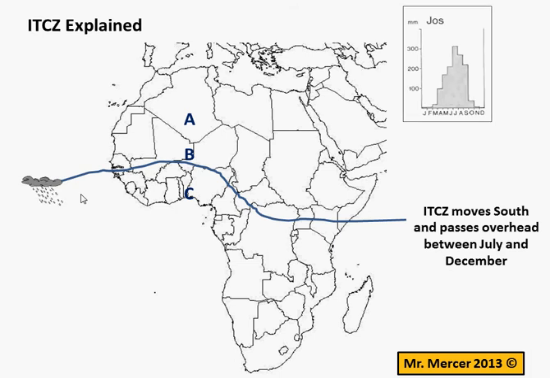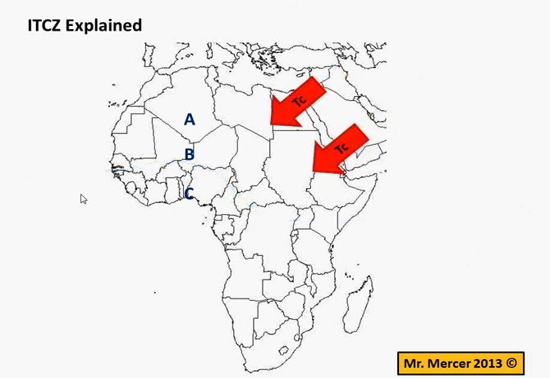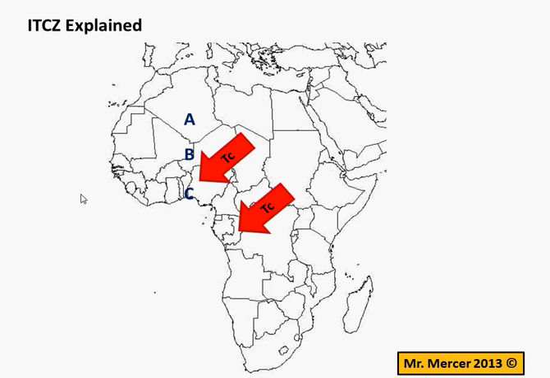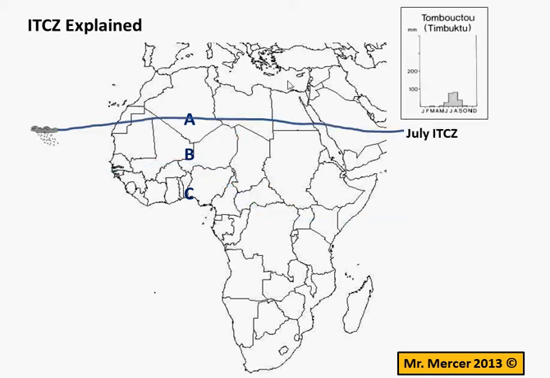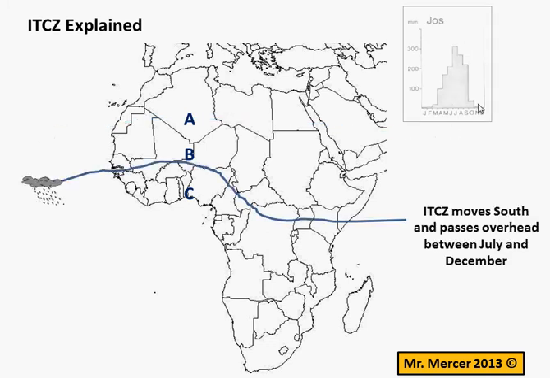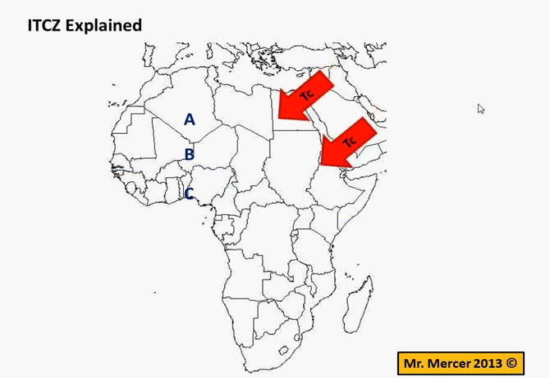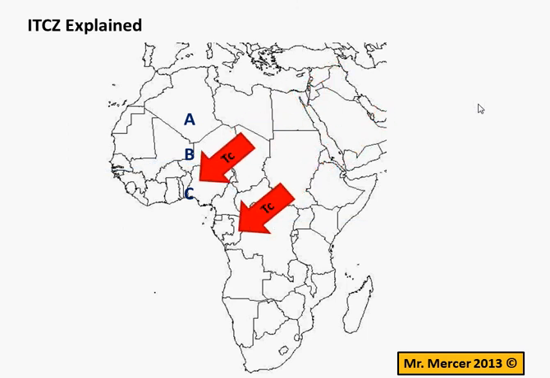But more importantly, this means that tropical continental air masses are dragged back down across Africa. And this explains, if I go back 2 steps here, the drought that we see recorded in Timbuktu in October, November, December. Because during those months, the tropical continental air masses are being pulled back down over Africa, bringing drought conditions.